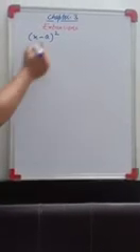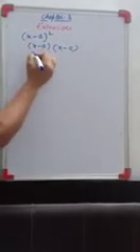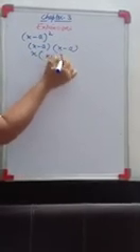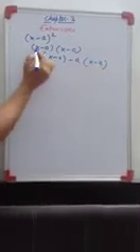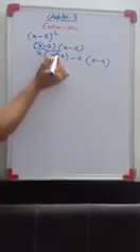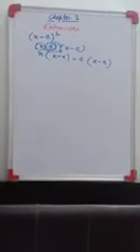So what will it be? (x minus a). That means, can I write (x minus a) into (x minus a), right? So we will go again by this method, x into (x minus a), and then minus a into (x minus a). What I have done: with the first term multiply the whole bracket, with the second term with its sign multiply the whole bracket.